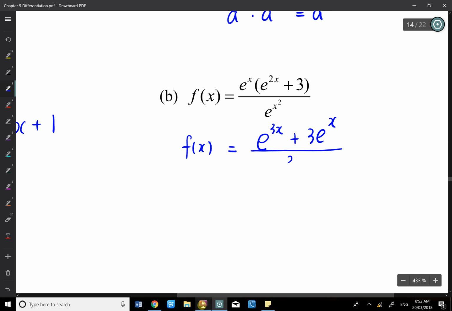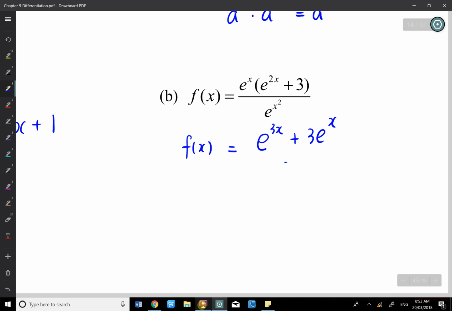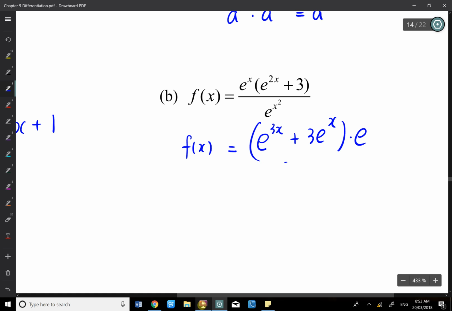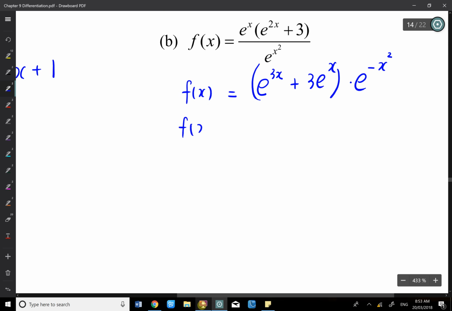And then we divide by e to the power of x squared. I can either separate them as fractions, that divided by that and that divided by that, or I can say times e to the power of negative x to the power of 2. Flip it to the top. Okay, so what do we have now?